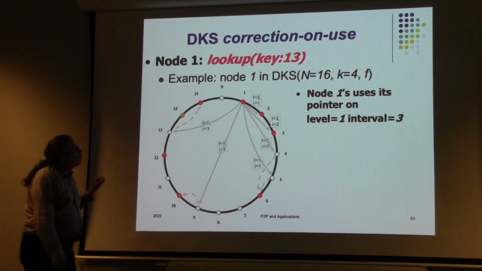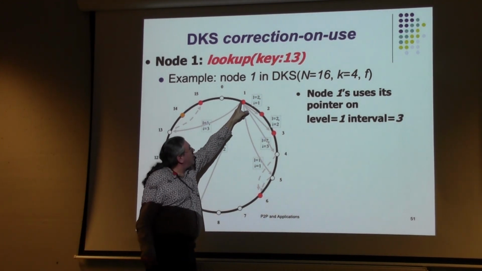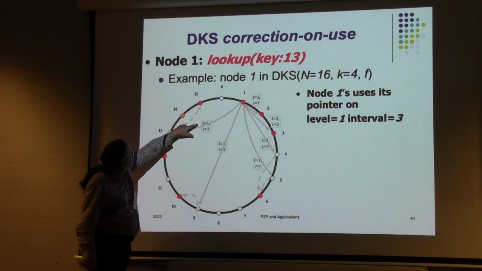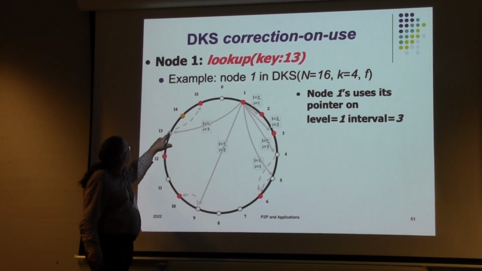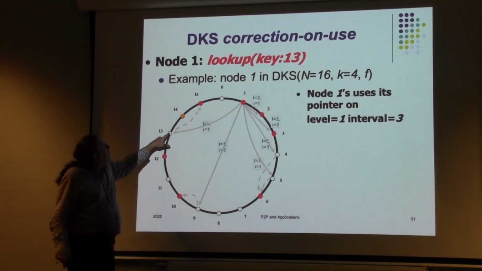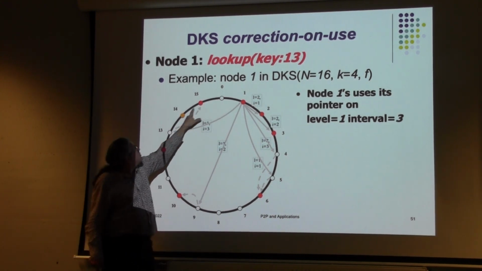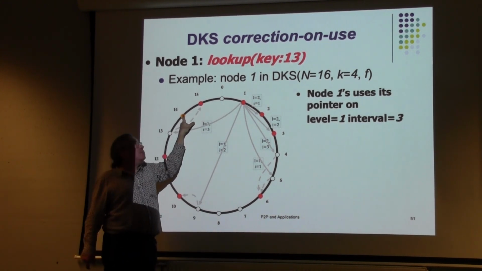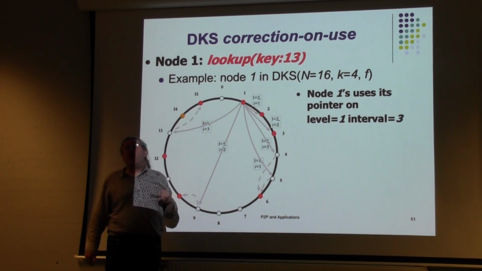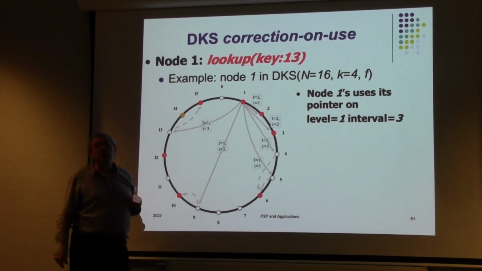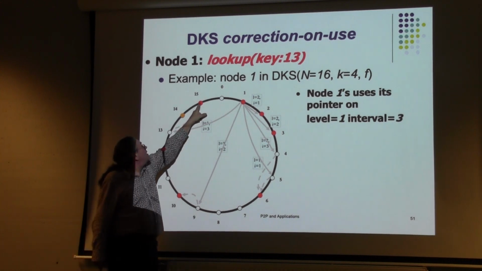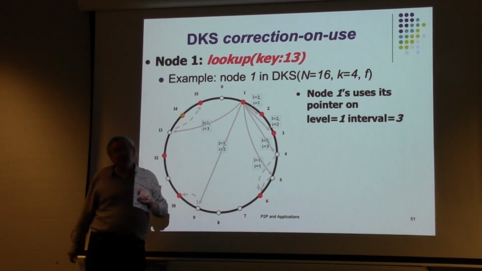Okay? So node 1, on level 1, we use the level 1 interval 3 pointer. L equals 1, I equals 3, will come here. So we'll go to node 15. Okay? But 15 has already talked to 14. And 15 knows it's not the responsible node anymore, because 15 has talked to the predecessor.